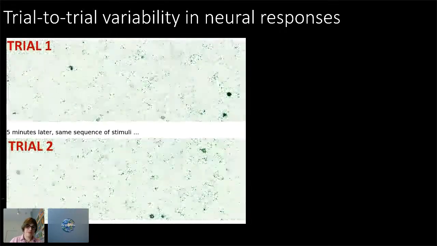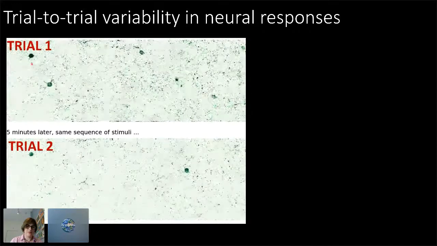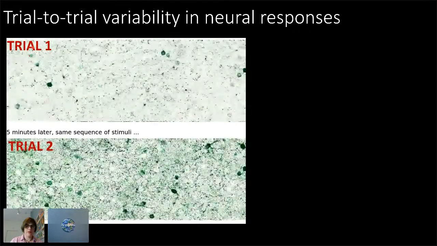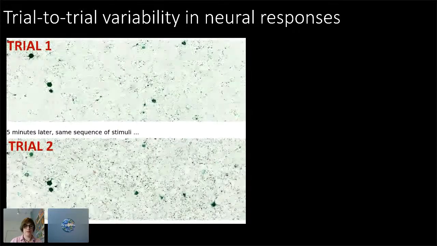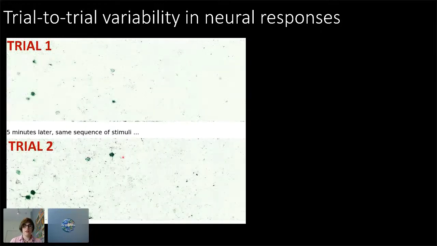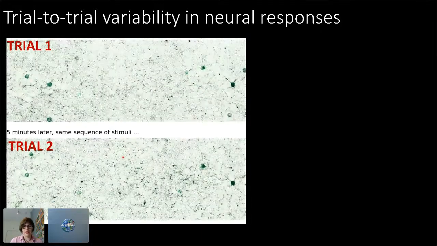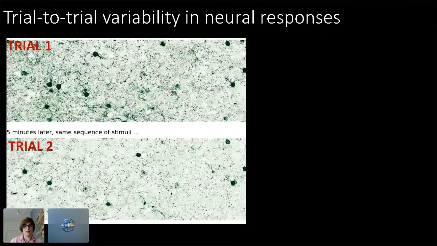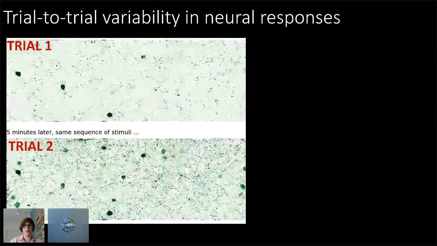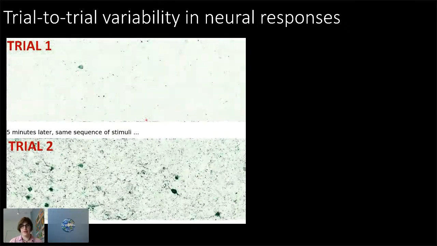So sometimes the neurons are firing at the same time, and you'll see some neurons that are reliable, but you'll also see a lot of differences between these two trials. So there's a lot of variability in the system, trial to trial, that we're worried about when we're taking the eigenvalues.